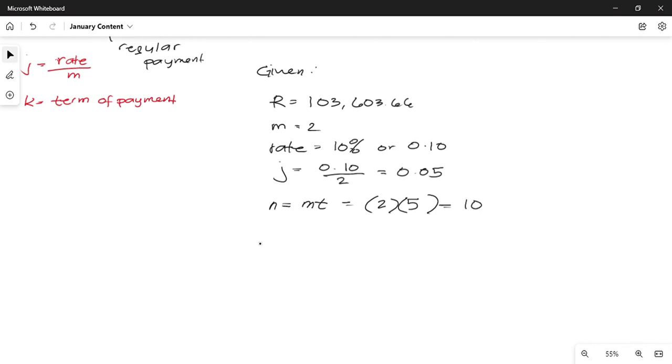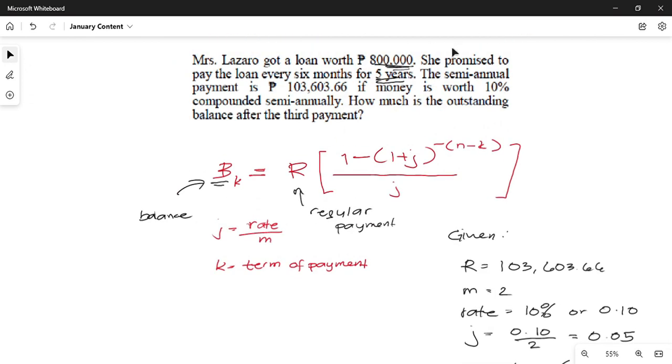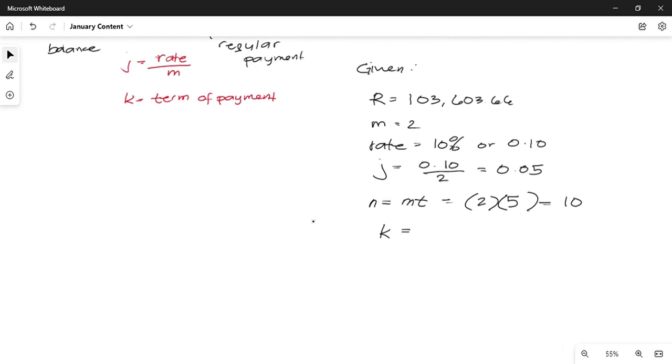So N is equal to 10. What is letter K? K is the term of payment. They are asking how much is the outstanding balance after the third payment, so K is equal to 3.